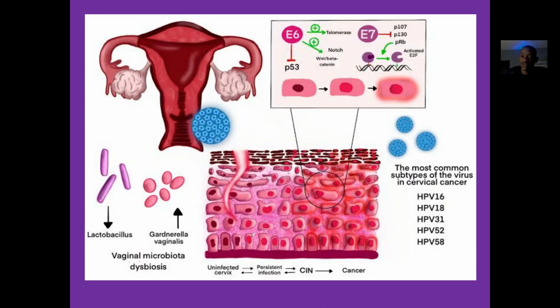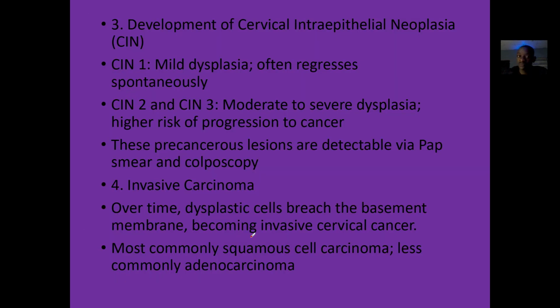Unchecked. So the checks and balances of the cell cycle are basically what? Evaded. So there's development of cervical intraepithelial neoplasia, which goes from stage 1, stage 2, stage 3. Then lastly, stage 3 progresses to the real cancer.